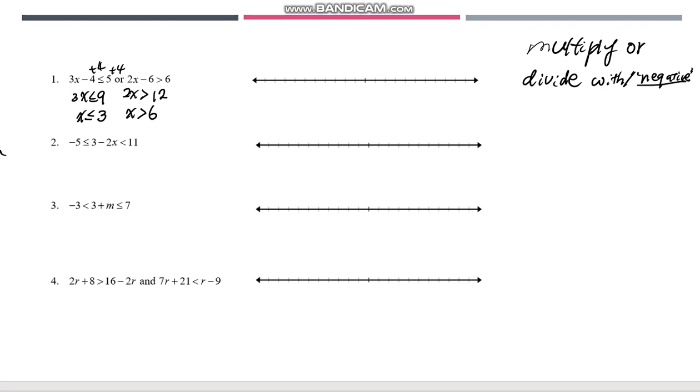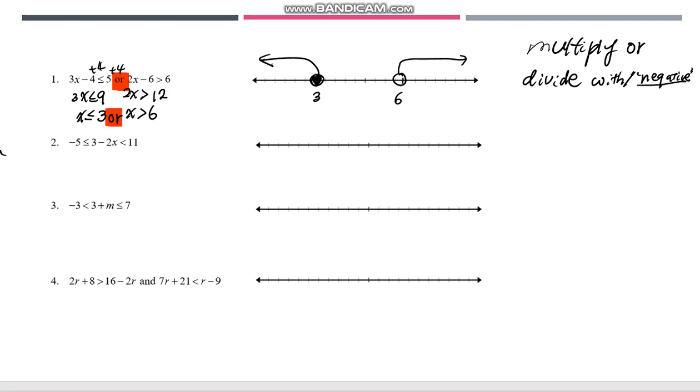Again, you didn't multiply or divide anything with negative values, so you must understand that it is connected with the or sign. Or means union. If 3 is over here and 6 is over here, since x is less than or equal to 3, it includes this point and goes this way, and 6 is not included, therefore it is blank.